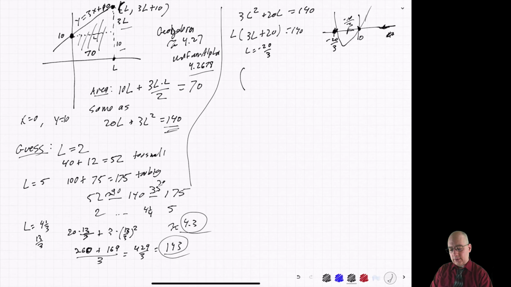So I can write this thing as L plus 10/3. I'm going to have a 3 in front because it's in front of the L squared term. I square that thing. And then I did plus 10/3 because when I plug in the vertex, it should give me a 0 on that thing.